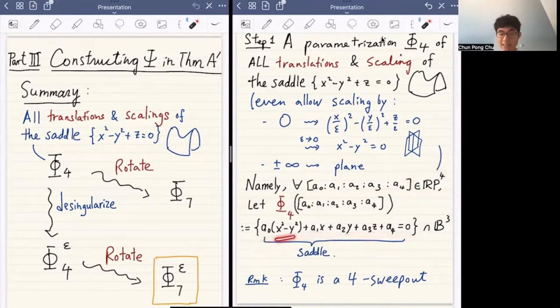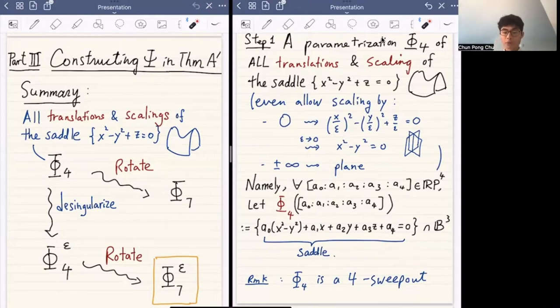We look at a linear combination of x squared minus y squared, x and y, and z, and then the constant term. You take an arbitrary linear combination of those terms, and you still get a saddle surface, a translated and scaled saddle surface.